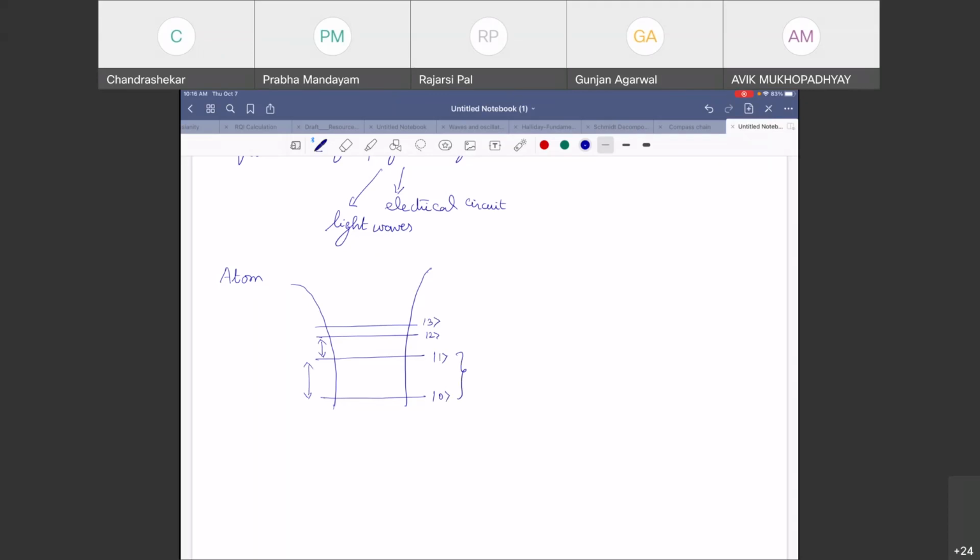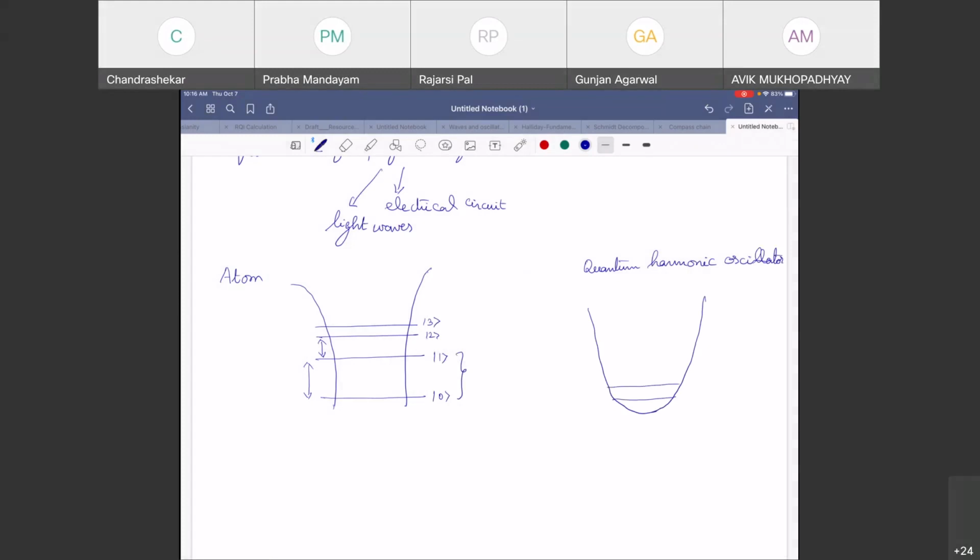Now contrast this with a quantum harmonic oscillator. This is the potential of a quantum harmonic oscillator.